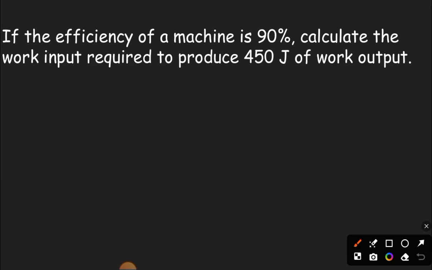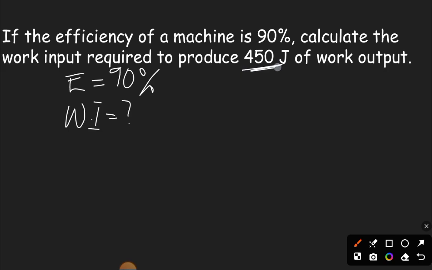If the efficiency of a machine is 90%, calculate the work input to produce 450 joule work output. So what input are you going to exert to get 450 joule?